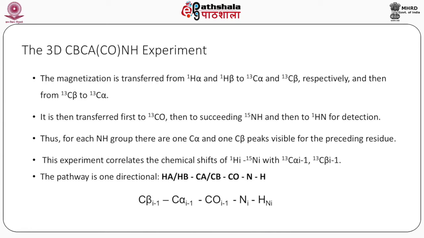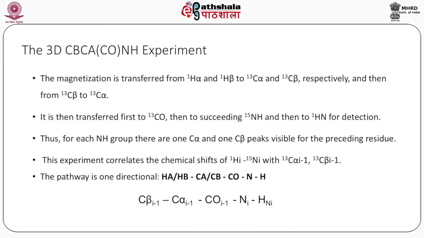Thus, for each NH group, there is 1 C alpha and 1 C beta peak visible for the preceding residue. This experiment correlates the chemical shifts of H i, N i with C alpha i minus 1 and C beta i minus 1.